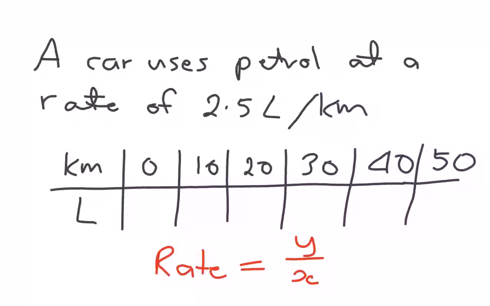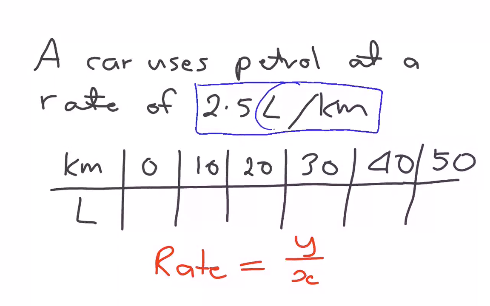So when presented with this situation, a car uses petrol at a rate of 2.5 litres per kilometre. The thing to understand here is that the first bit that is given will be the y, and the second bit will be the x.